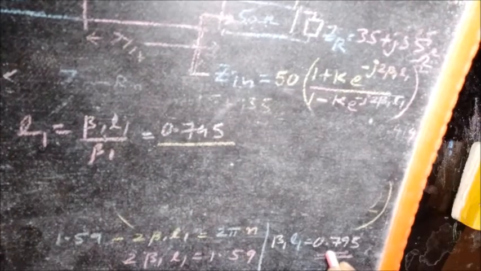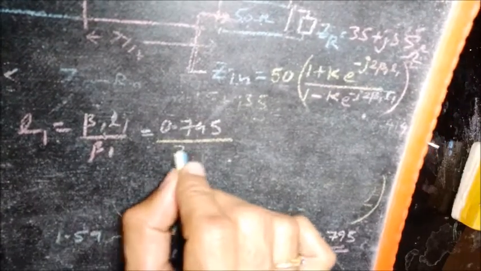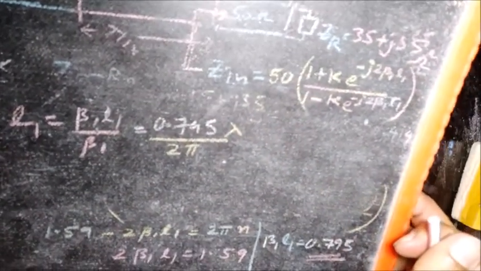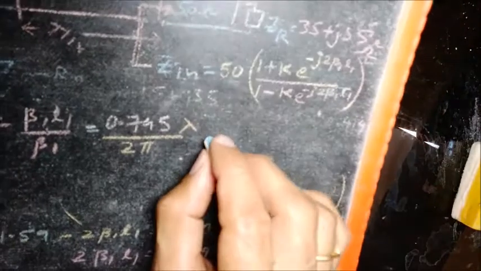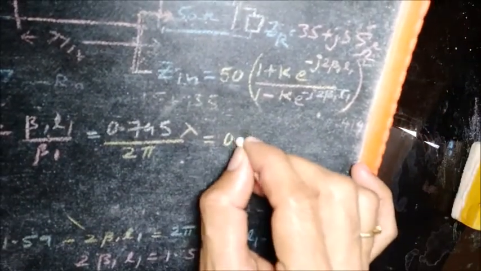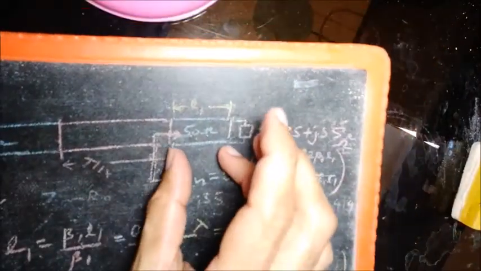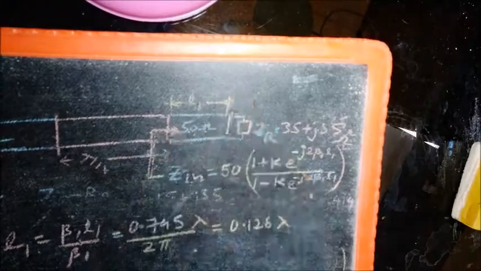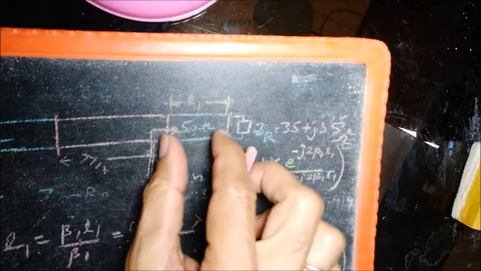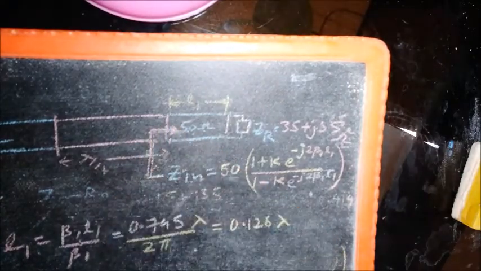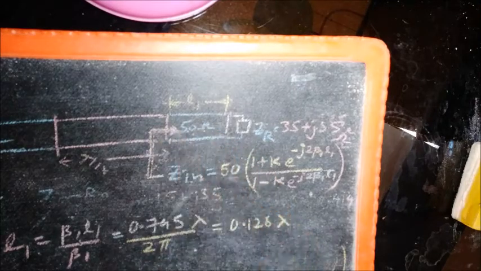Note that beta 1 is 2 pi by lambda. So this becomes 0.126 lambda. So the length of this has to be 0.126 times the wavelength. That is the smallest possible length that we can have, such that the input impedance here looks purely real. Of course, other values of L1 are also possible, but those values of L1 will be longer than this. So L1 has to be 0.126 lambda.